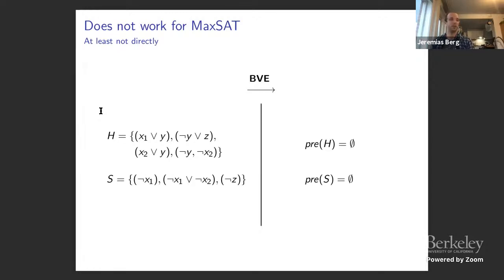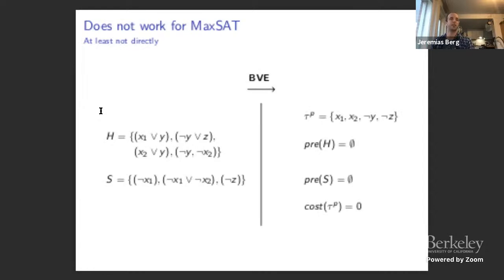And now this instance is trivial for a SAT solver. It can give you any assignment it wants to. It can, for example, give you this one. On the side of the preprocessed instance, this assignment that sets x1 and x2 to true and the other ones to false doesn't falsify any of the soft clauses, because there are none to falsify.